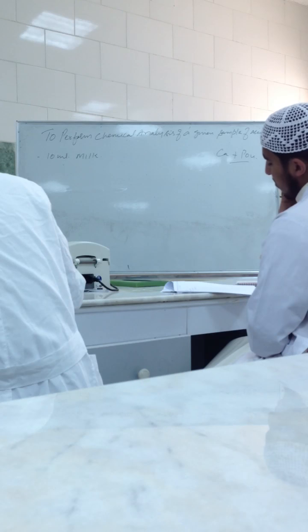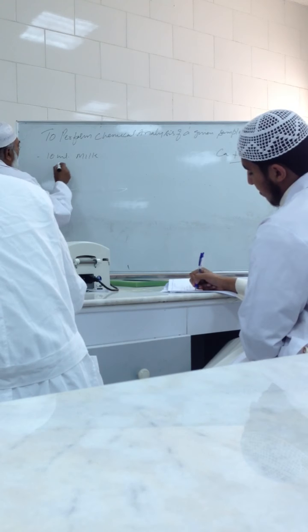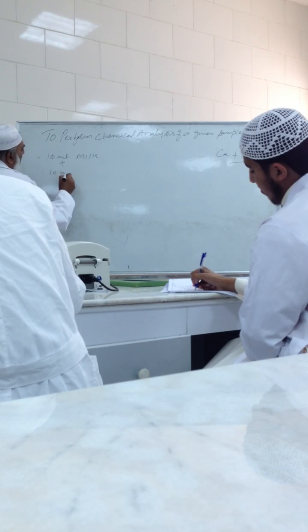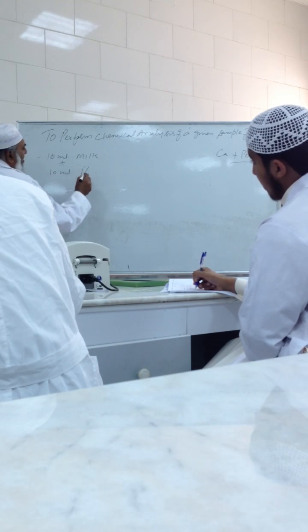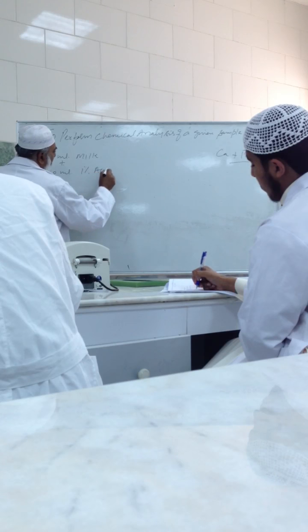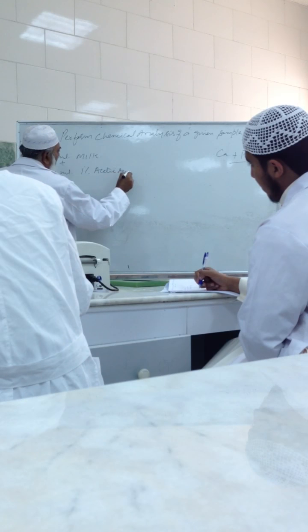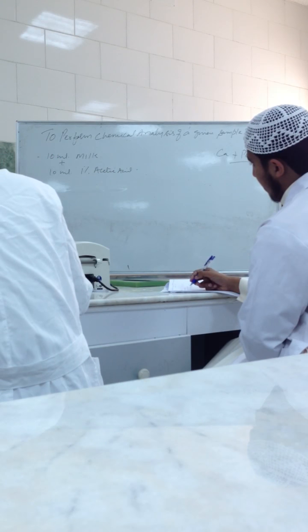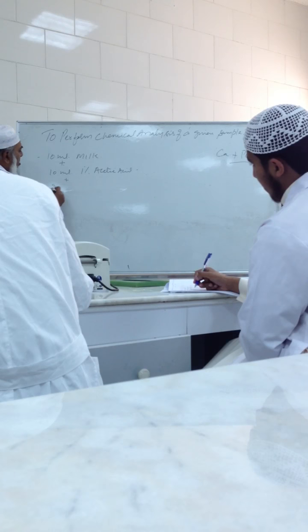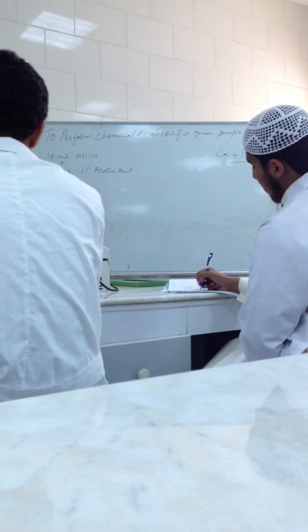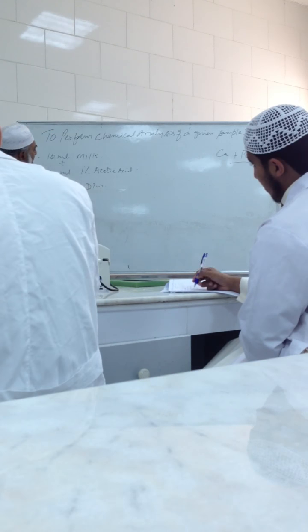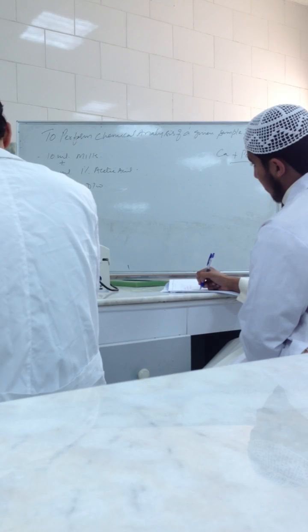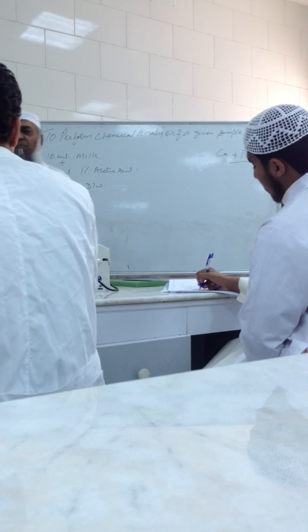In this 10 ml milk, we will add 10 ml 1% acetic acid, and then add 20 ml distilled water. So 10 plus 10 plus 20, it becomes a total of 40 ml.